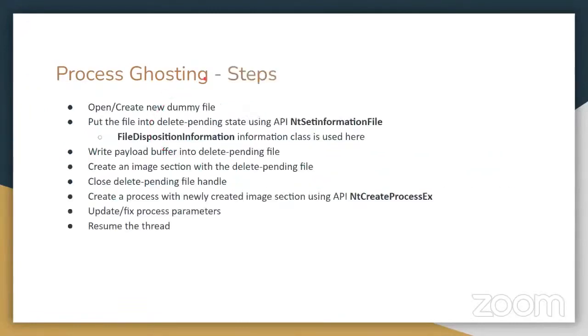So in process ghosting, we will be creating a dummy file like we did in process doppelganging. After that, using NtSetInformationFile and FileDispositionInformation class as a parameter, we will be putting our file into the delete pending state. And after that, we will write our buffer into the delete pending file.